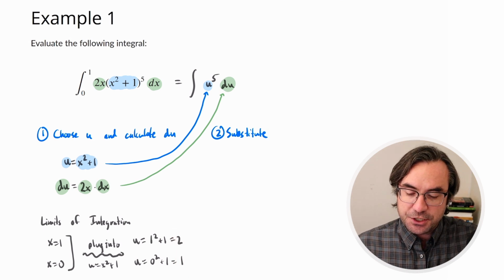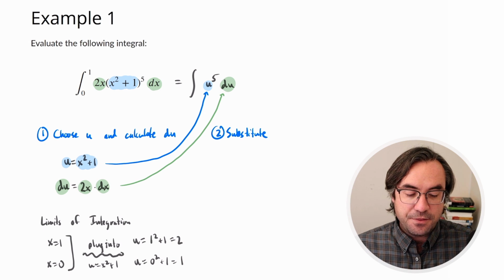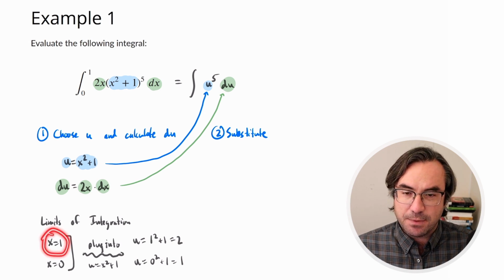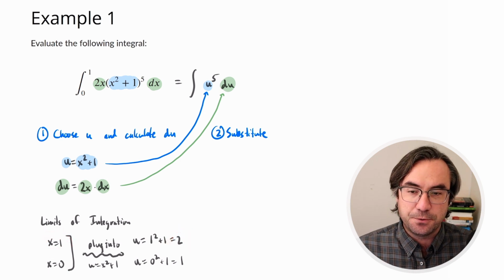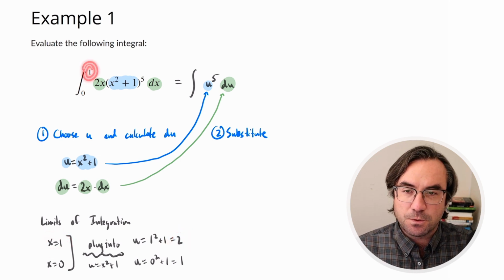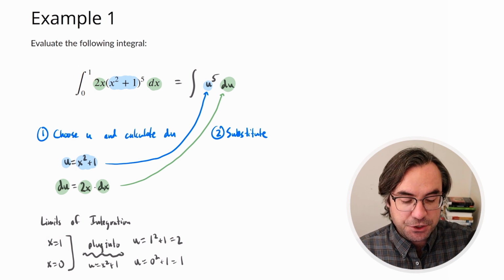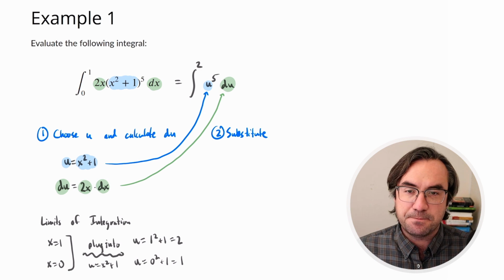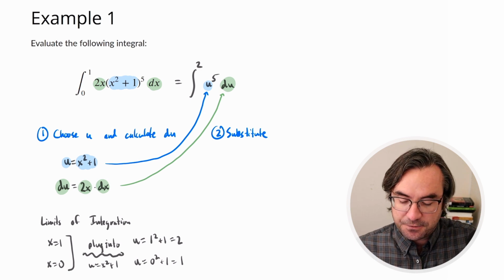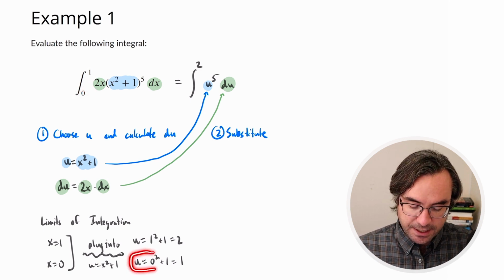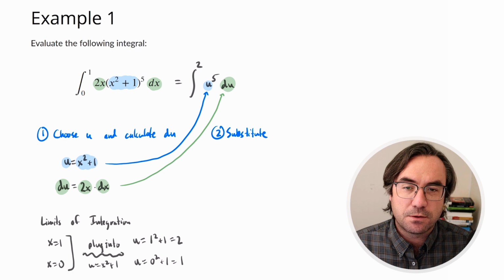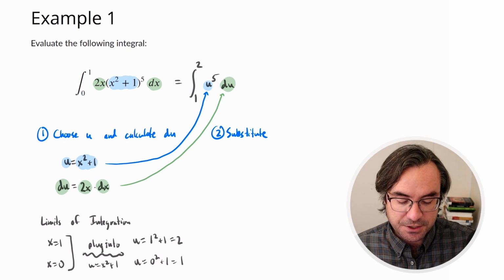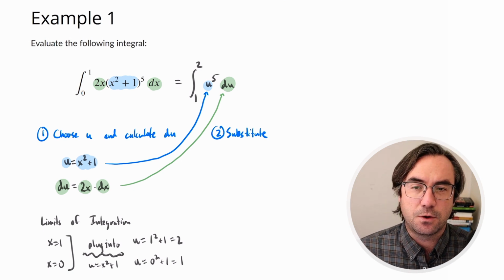And when you do this, you just want to be careful that you match them up correctly. So x equals 1 gave us u equals 2. x equals 1 was our upper limit, so that means 2 is going to be our upper limit. And for x equals 0, we got u equal to 1. Well, x equals 0 was our lower limit, so that means u equals 1 is going to be our lower limit.